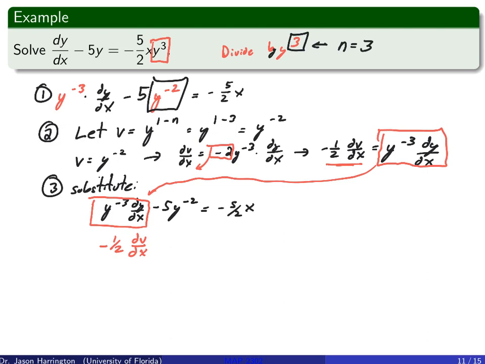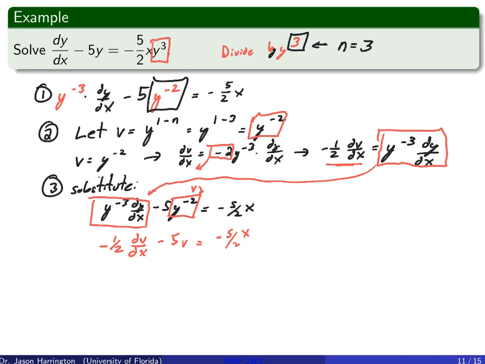All right, now I also have right here y to the negative 2. And if I go back, y to the negative 2, that's just v. So I have minus 5v is equal to negative 5 halves x. All right.